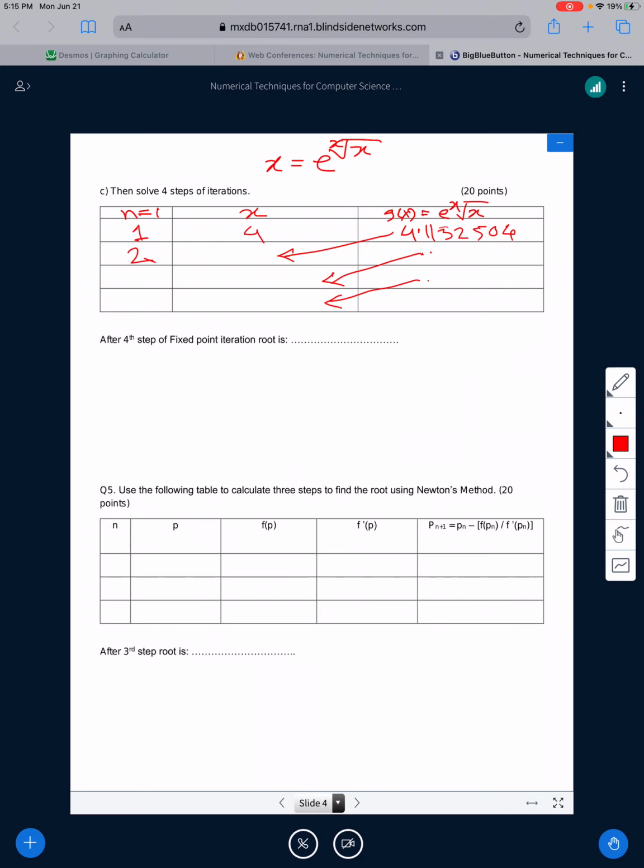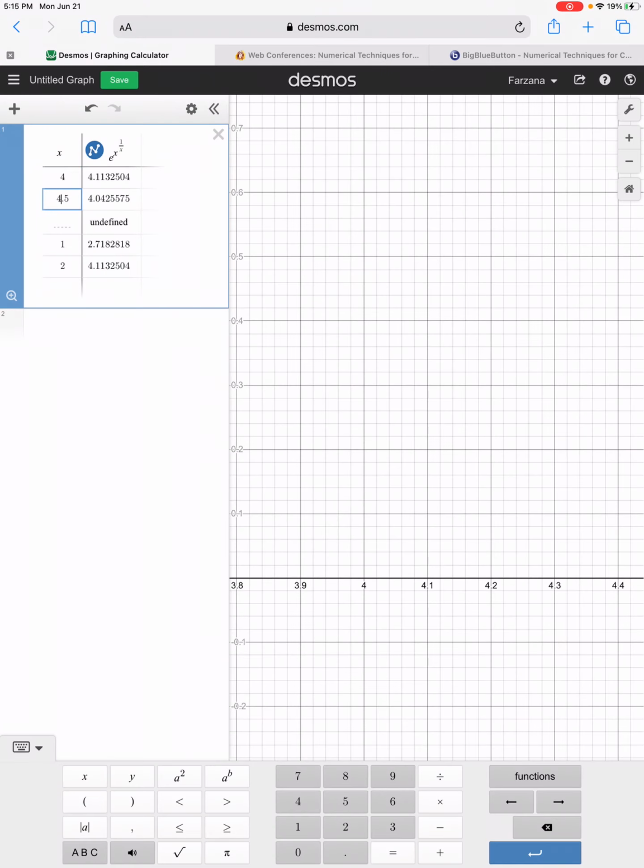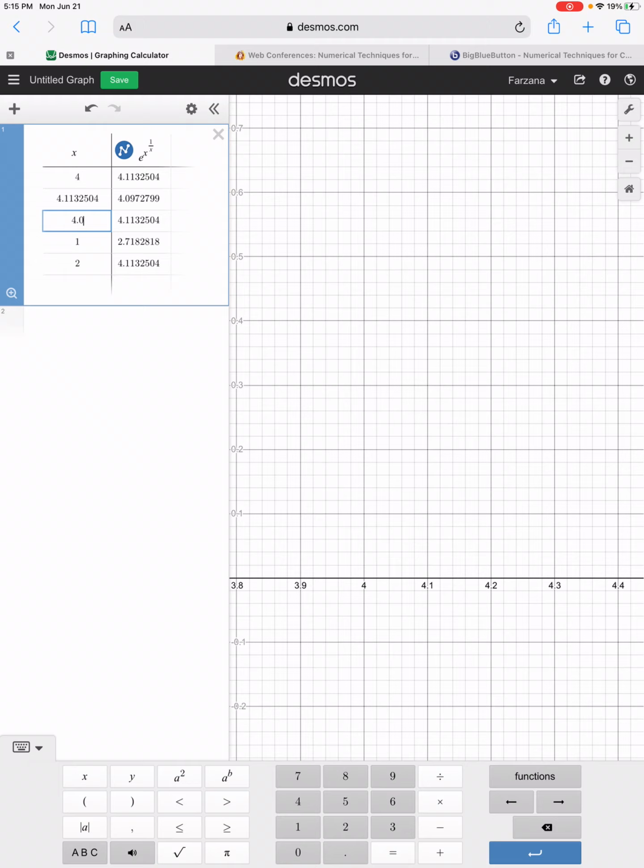So we are going to the table to do that in short. Okay, so I will replace x by 4.1132504, and that is giving me the new value of x, right? 4.09, 4.0972799.